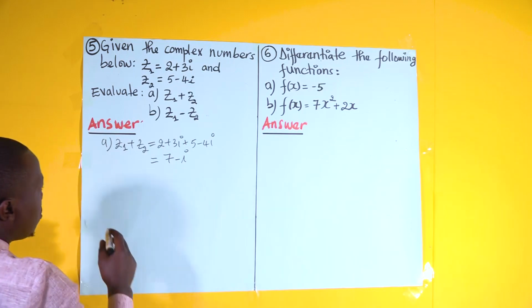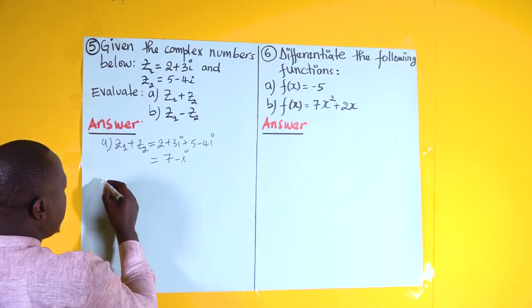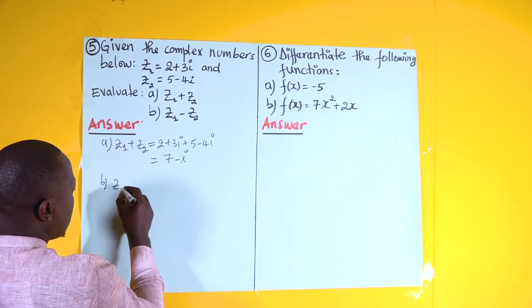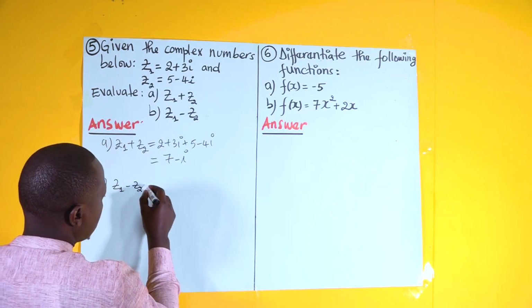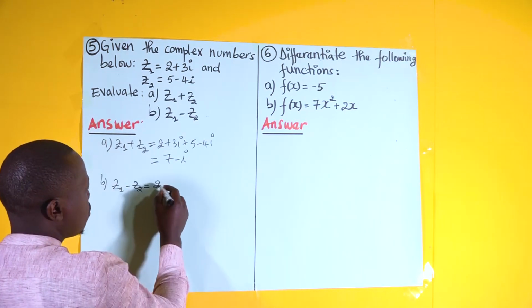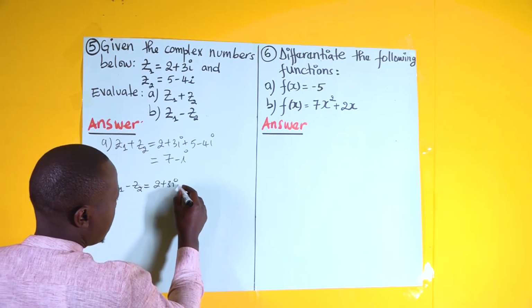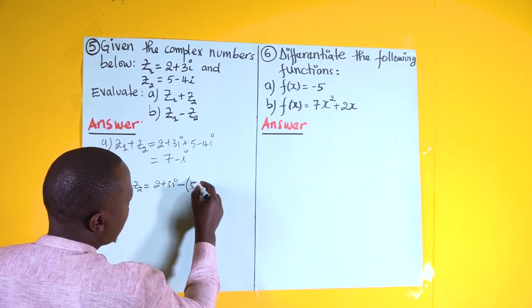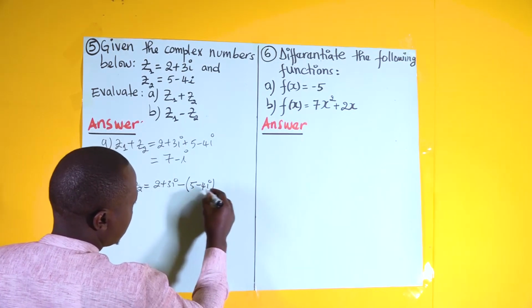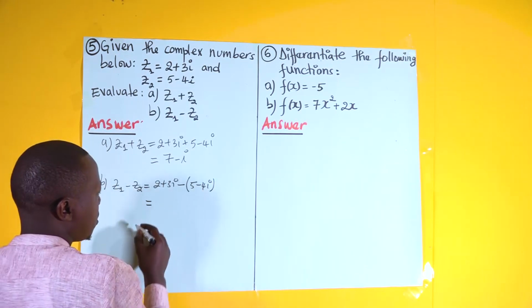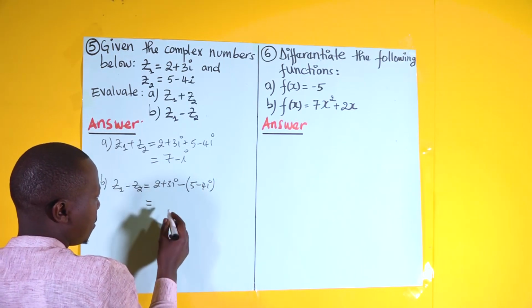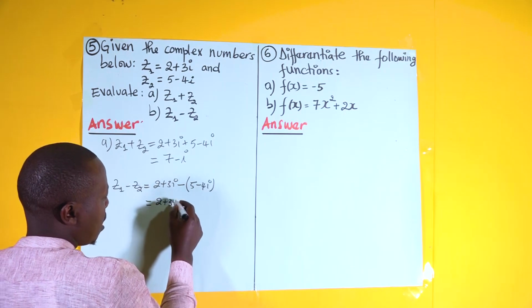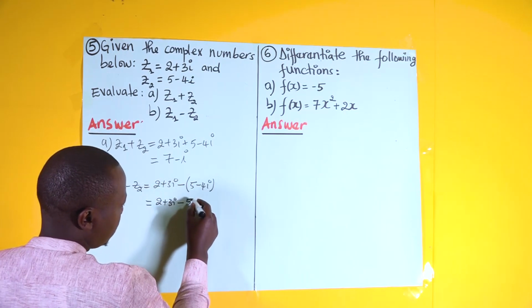We are also asked to find B, z1 minus z2. How much is this? This is 2 plus 3i, then minus 5 minus 4i. And this is 2 plus 3i minus 5.